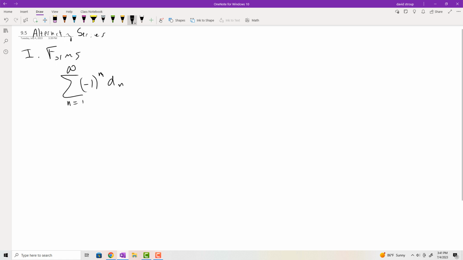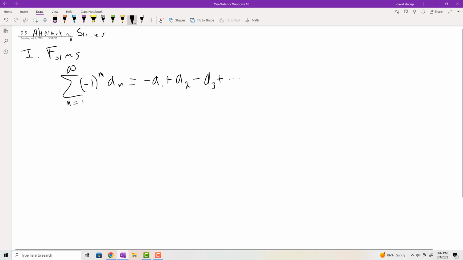Before, we've been using a sub n to describe the entire expression for the terms of the series. Now we're separating off and saying there are two parts: the -1 that's flopping back and forth, and the rest of the expression. So you plug in 1, you get negative a sub 1. Then you plug in 2, -1 squared is positive now, so you get a sub 2 minus a sub 3 plus dot, dot, dot.